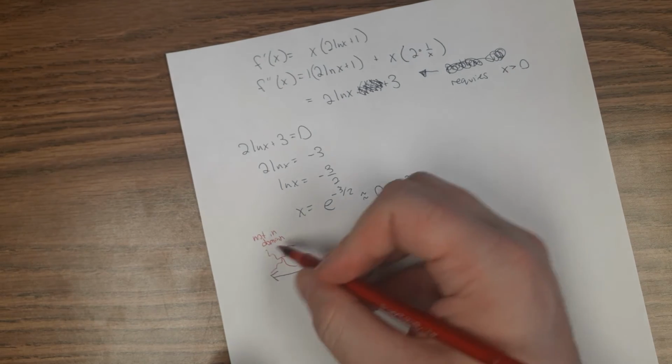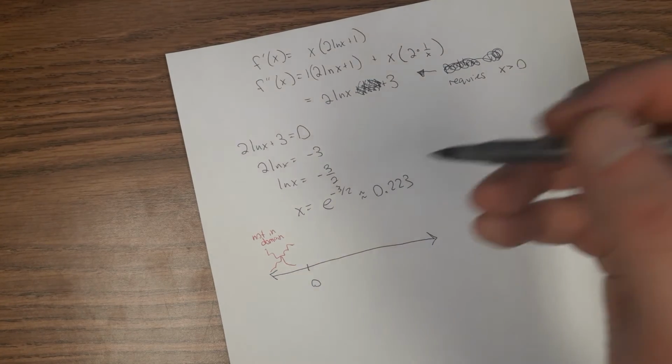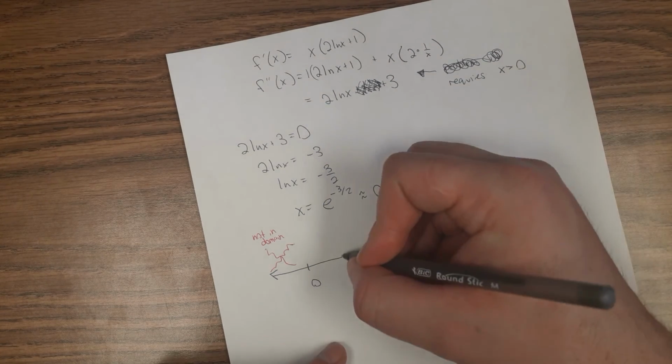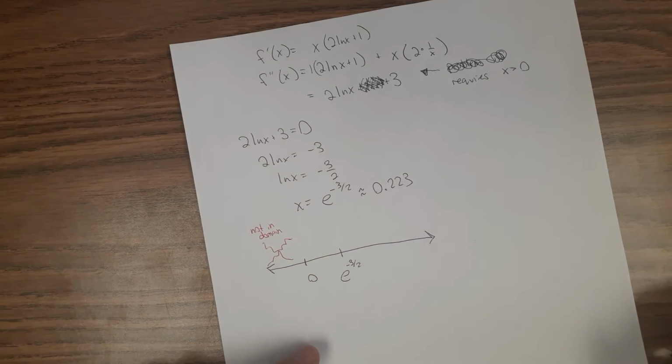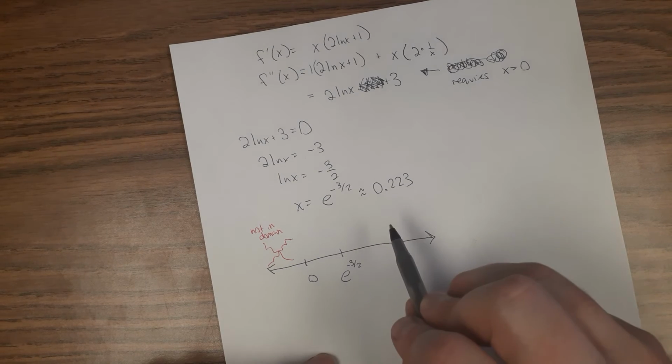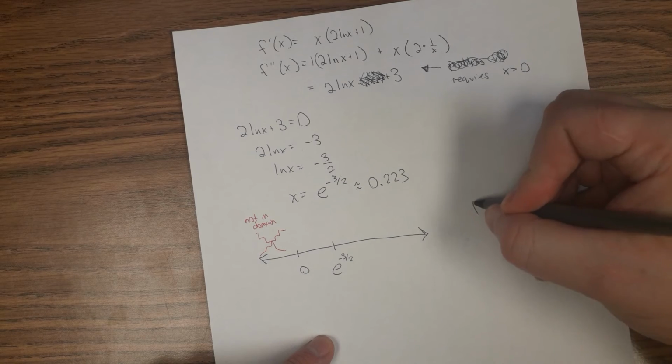We're not going to bother putting any pluses or minuses over here. That's all irrelevant. But I've got 0, and then I've got this point. So I need to put a plus or a minus here, and a plus or a minus here.